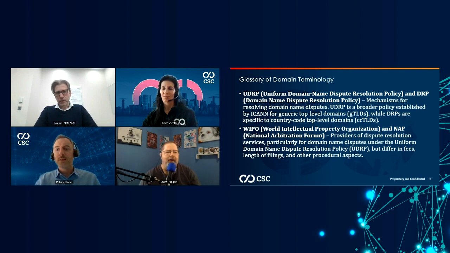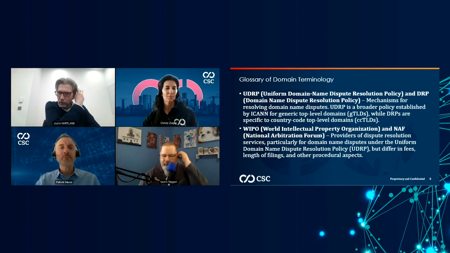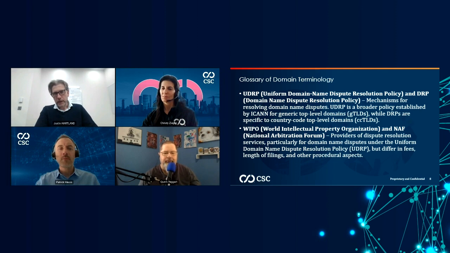And back to balancing, I think that when we look at domain registrations, it's a heck of a lot cheaper to register a domain name and maintain it than it is to file a UDRP. Absolutely, Quinn. And I think that's probably one of the key things that we would recommend to anybody: all of this is about balance, right? It's about taking into account your risk appetite, your budgets, and thinking, if I spend a little now, that could save me a lot later.